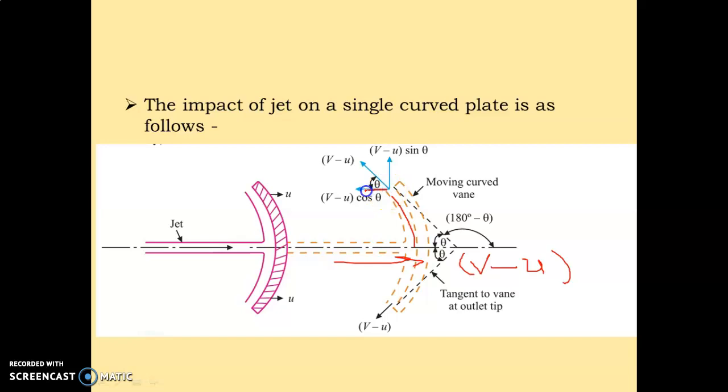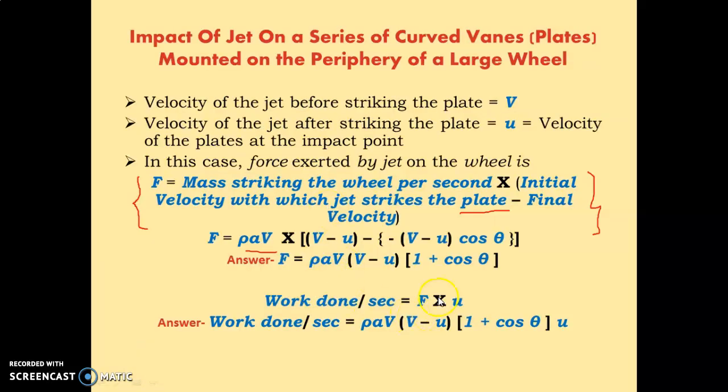So we get only one component of velocity, that is in the x direction, that is v minus u cos theta. But as this direction is opposite to the direction of motion, the final velocity is minus v minus u cos theta. Now this minus minus will become plus, and v minus u is common to both terms, so it will come outside.